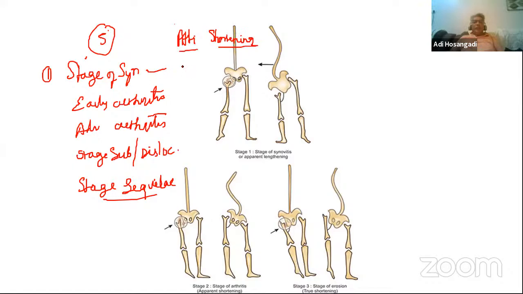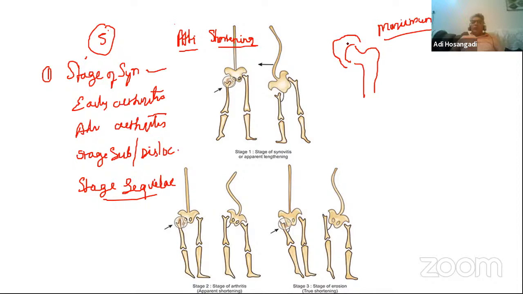In stage of synovitis, there is synovial effusion. There is an accumulation of synovial fluid in the joint, so the joint is kept in the position of maximum capacity.